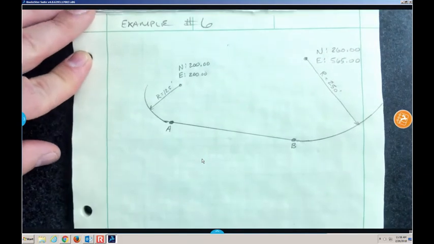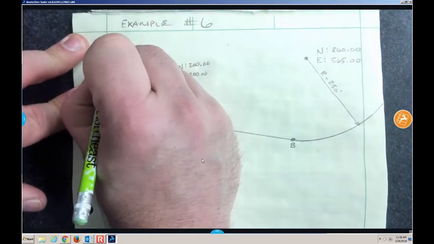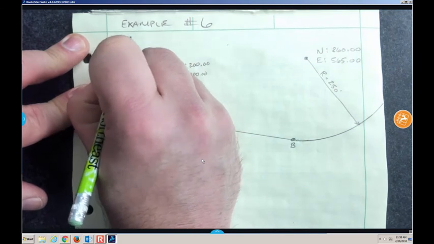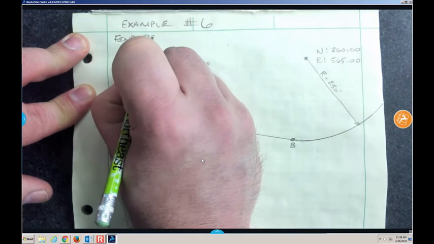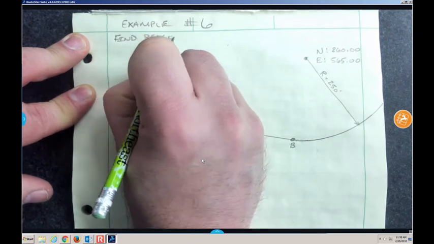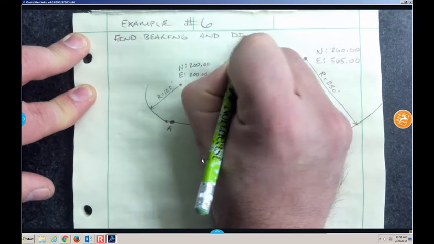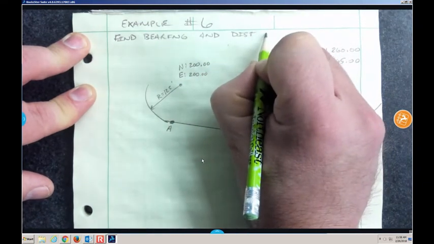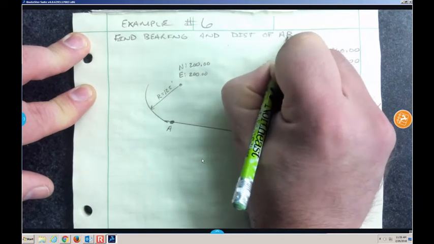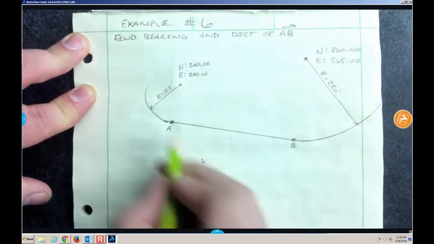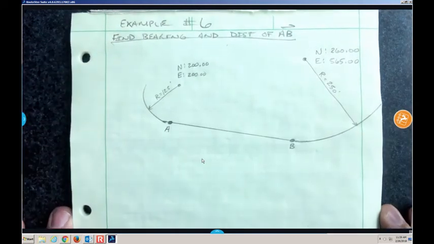So we want to find the distance and bearing between A and B. Line AB. So we're looking for right there. Okay?